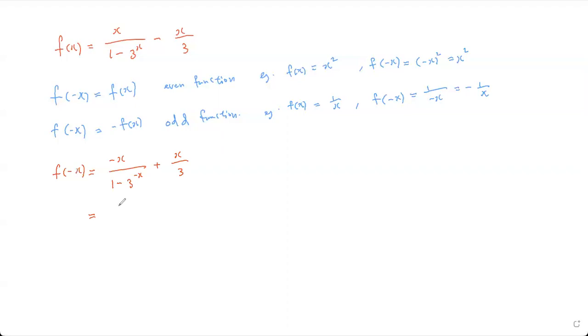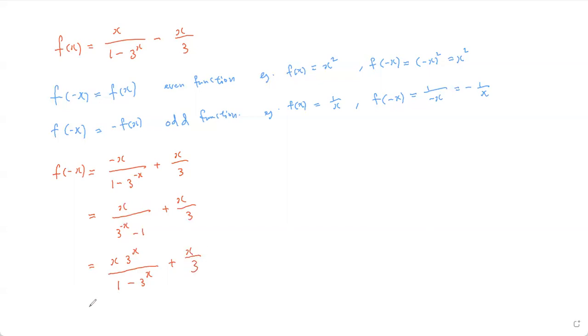This becomes x over 3 to the power of negative x minus 1, plus x over 3. Then I can multiply the numerator and the denominator by 3 to the power of x, and I'll get x times 3 to the power of x over 1 minus 3 to the power of x.